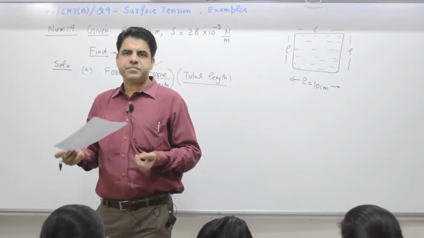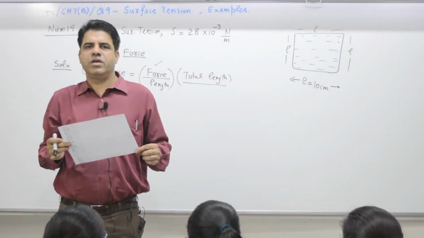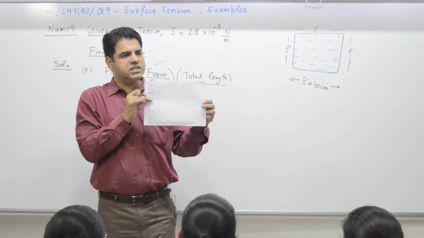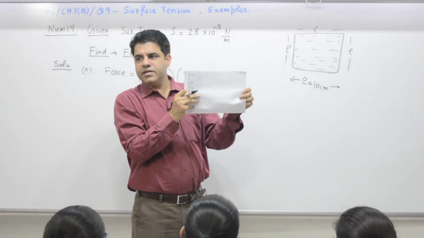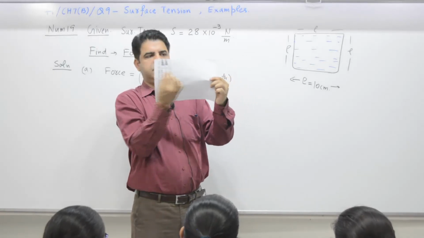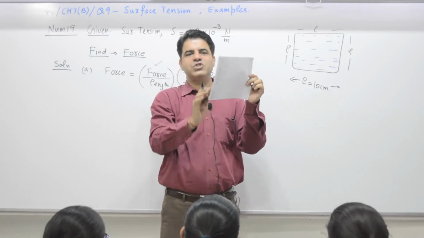Total length is what? 4L? See, 4L is on one side. This one, it's a film. 4L on this side. And what about the other side? Length on the other side is also 4L.